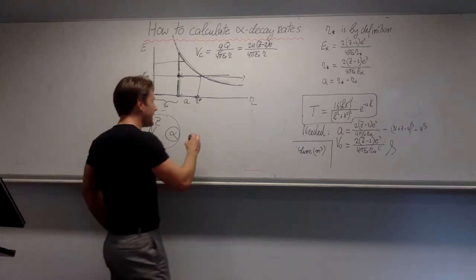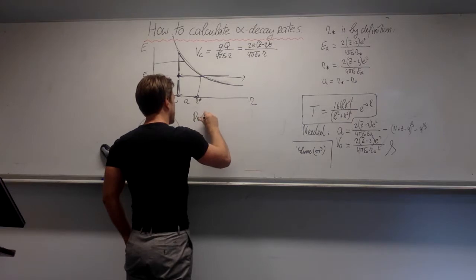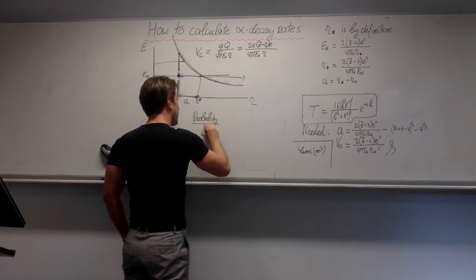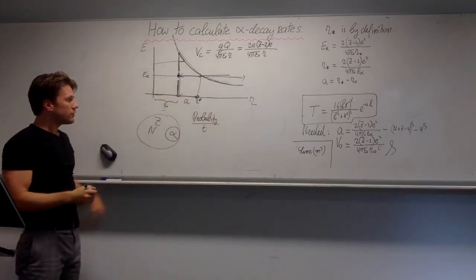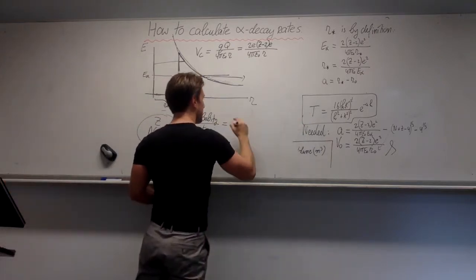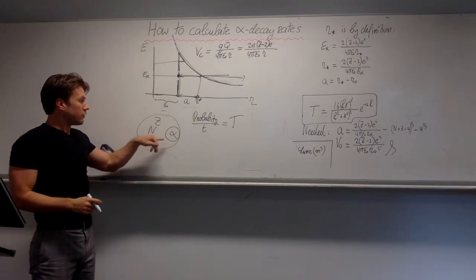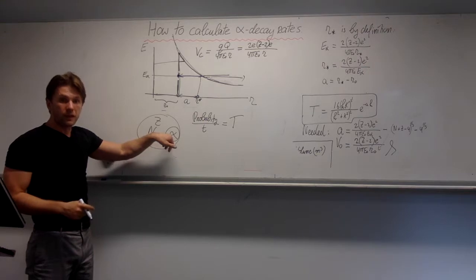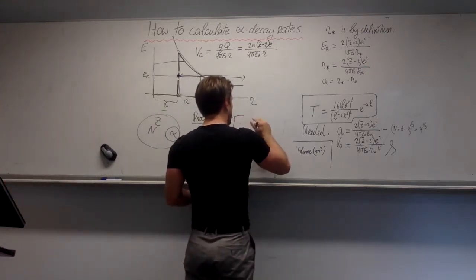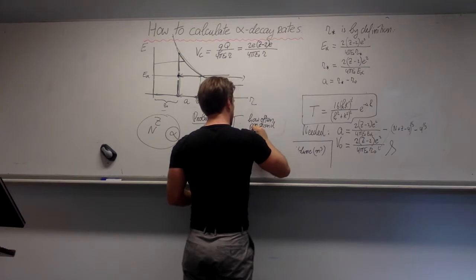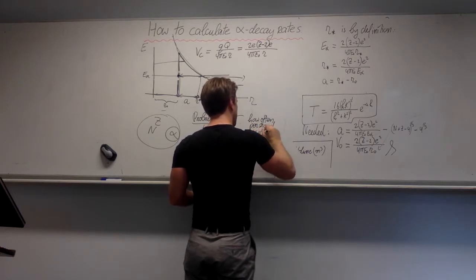So what I'm saying here is this. The probability of the alpha particle flying out of the nucleus, divided by how often it happens per second, is given by this number: the chances of it flying outside of the nucleus, given that it's at the boundary of the nucleus, times how often per second alpha is at the boundary.